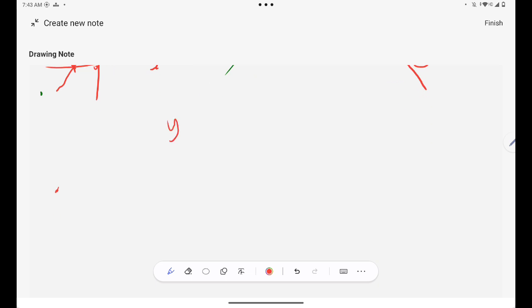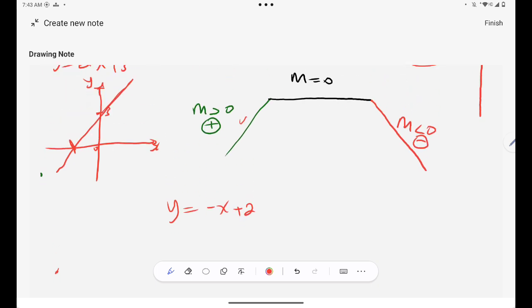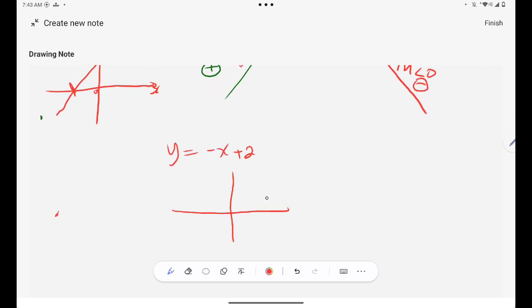So if I have a graph of y is equal to minus x plus 2, it's simple. I know that I have the y-axis and x-axis there, 0. 2 is somewhere here. My gradient is negative, so my graph is supposed to look like this. Are you together, guys?